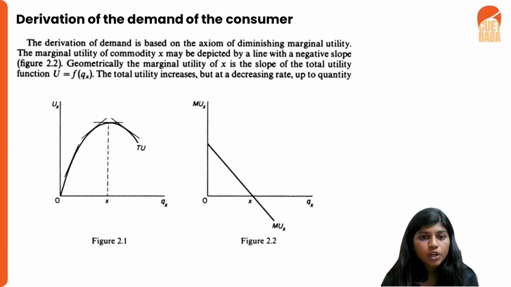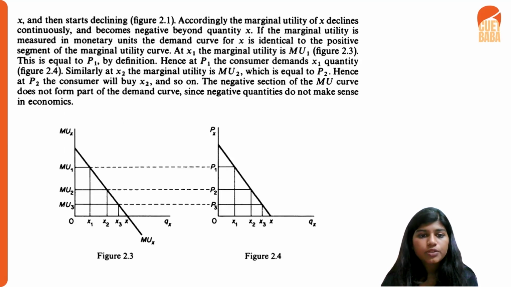The marginal utility of X is the slope of the total utility function, U is a function of Qx, at a decreasing rate. Here we can see that the marginal utility of X declines continuously and becomes negative beyond a certain point. Based on that, the demand for X is identical to the positive segment of the marginal utility curve.